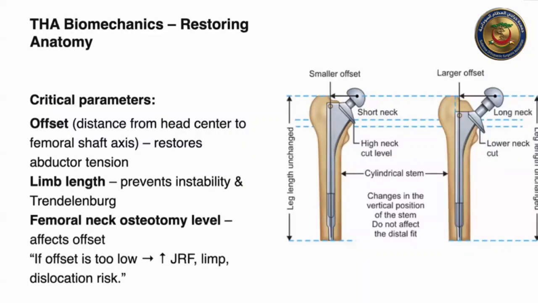One of the most important parameters that our goal is to restore is the hip offset, to reduce abductor tension and make it more efficient. And we also have to restore the limb length, because a short limb might cause instability or Trendelenburg.